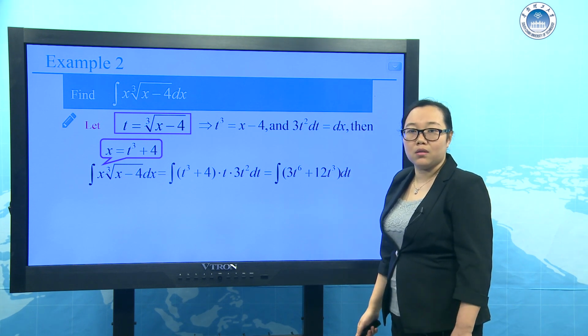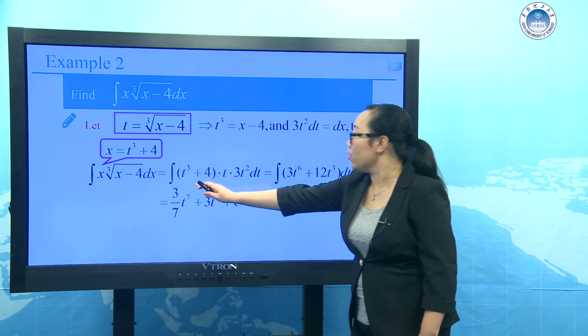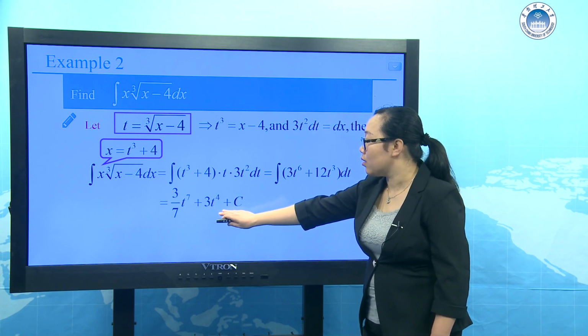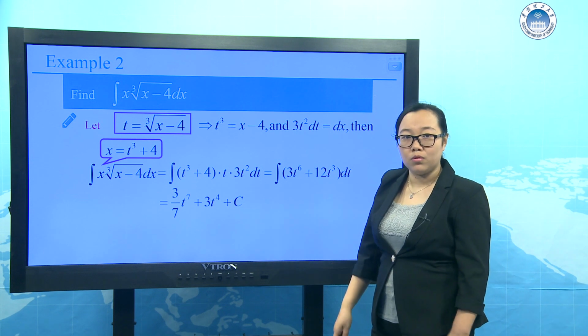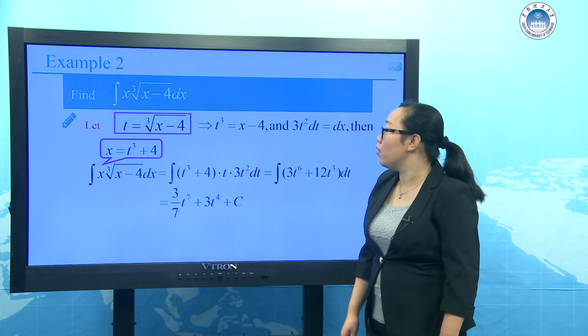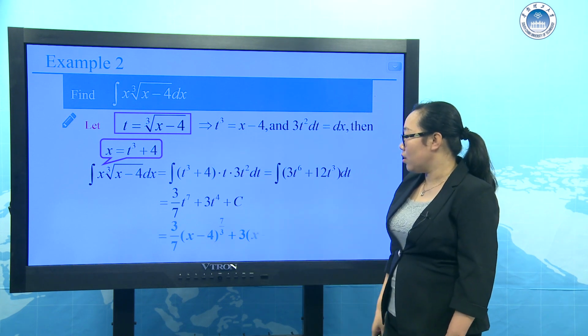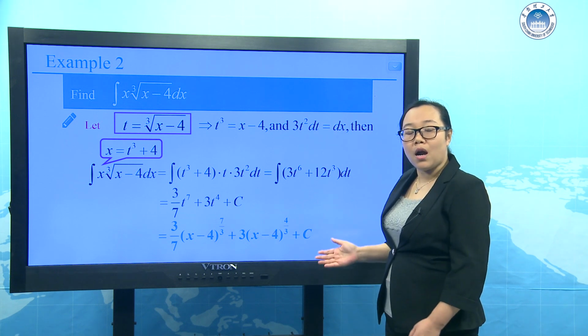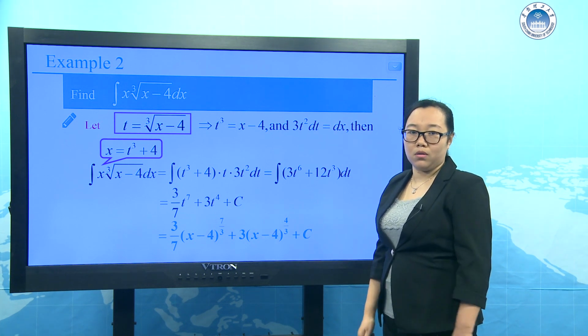We can get the original function 3 over 7 t to the seventh power plus 3t to the fourth power plus c. Do you remember the last step? Replace t with the x expression. This is the final result.